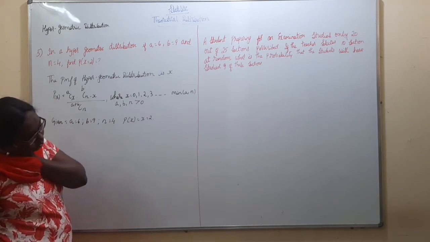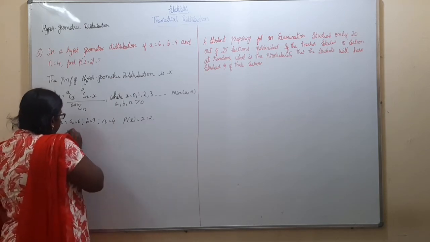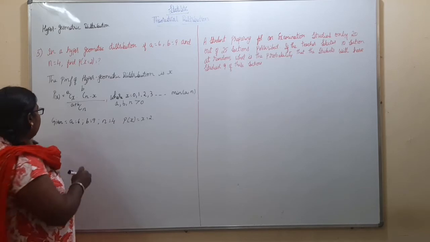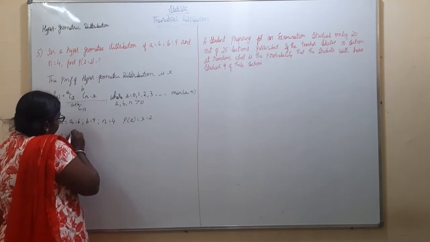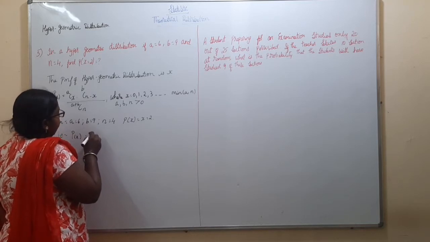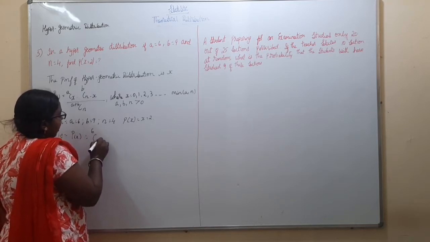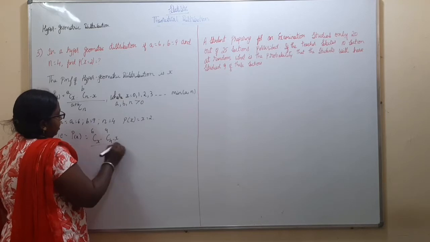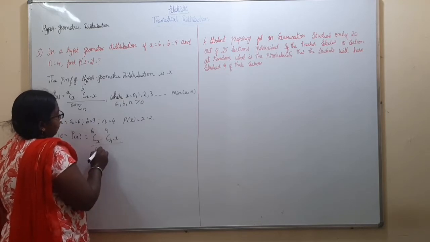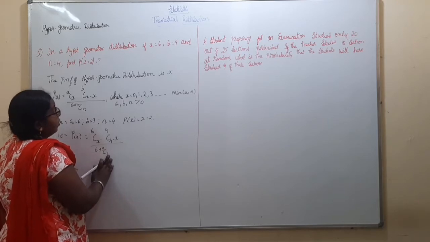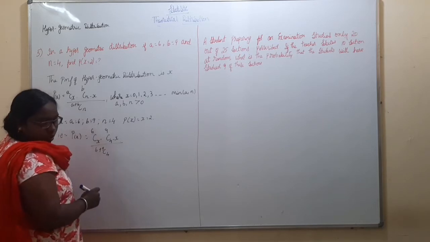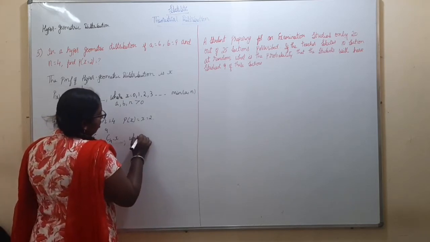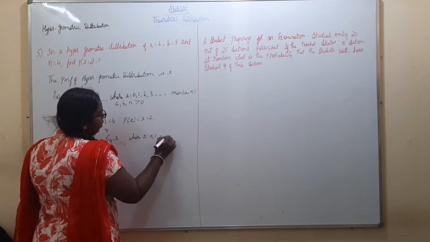Now for the probability mass function, I need to substitute in the formula. Before that we will write the formula: P of x equals 6Cx into 9C(4 minus x) divided by (6 plus 9)C4, where x is equal to 0, 1, 2, 3.